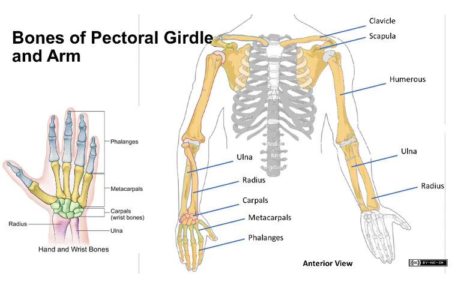In this slide, I just want to point out the bones of the essentially the pectoral girdle, where the humerus or the bone of the brachium or upper arm connects to the scapula and the clavicle. In this image, the humerus has been dropped down a little bit so that you can make out the scapula and clavicle.